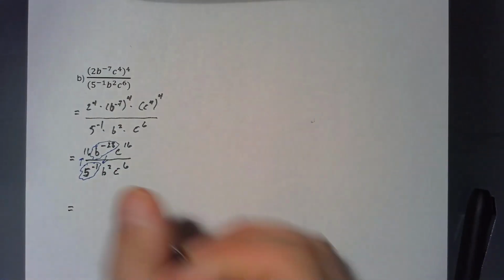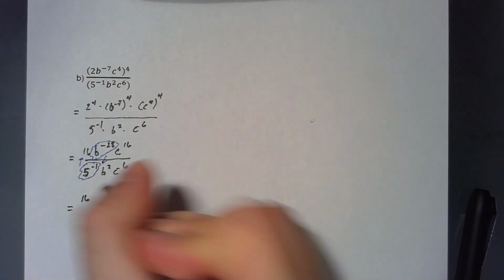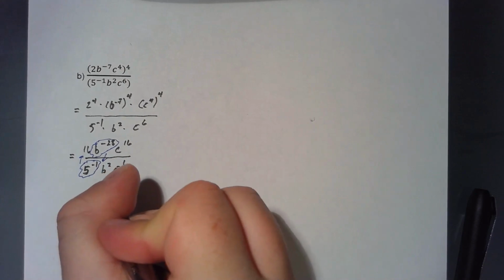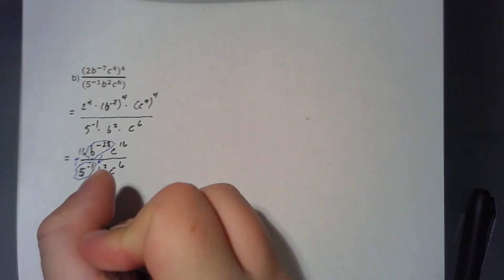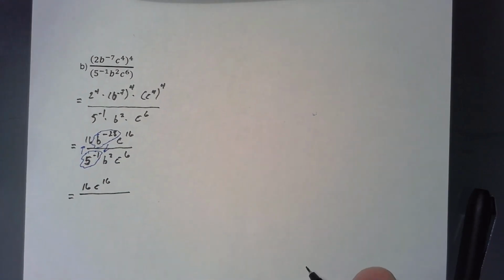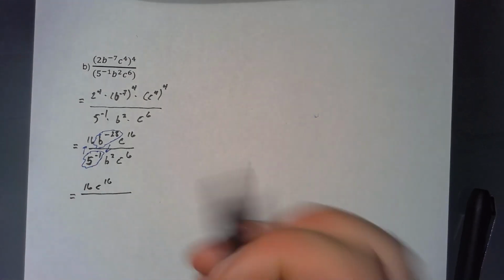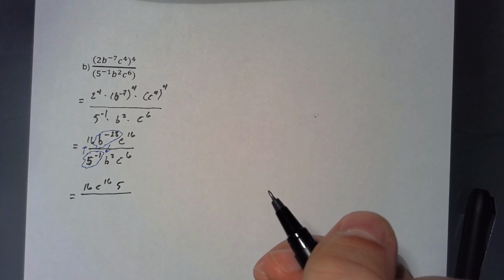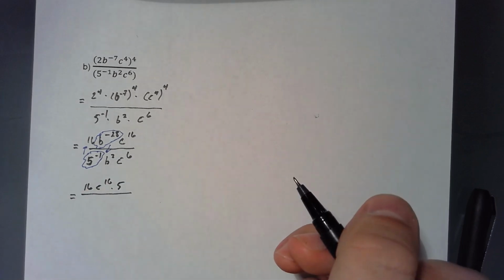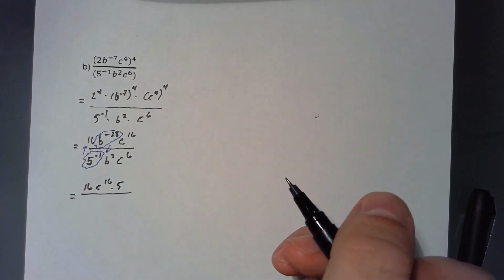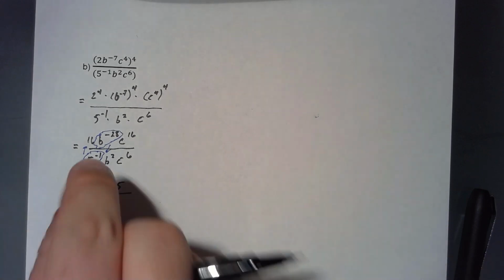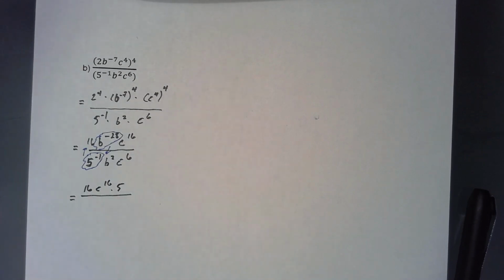So when I do that, I'm going to have 16 c to the 16th, and oh wait, I forgot my 5, didn't I? Times 5 to the 1st, in the denominator. So basically what I'm doing here is swapping these two.